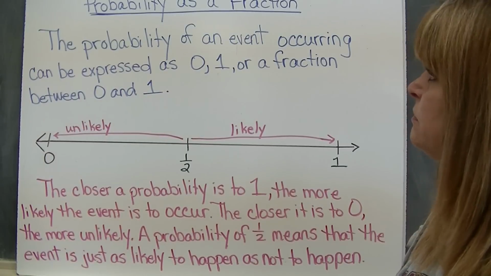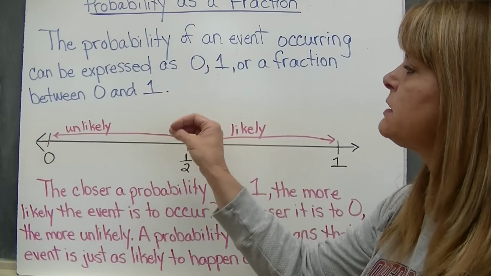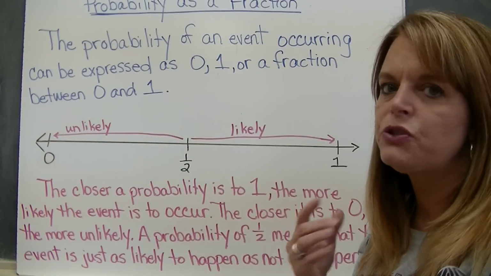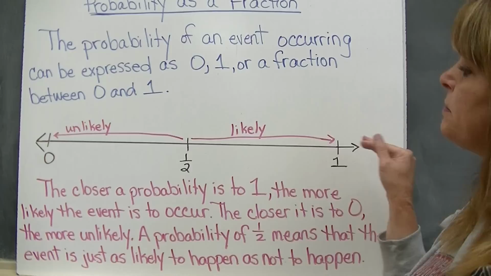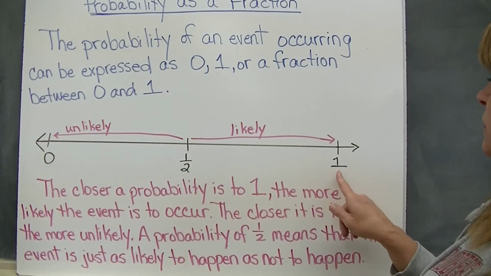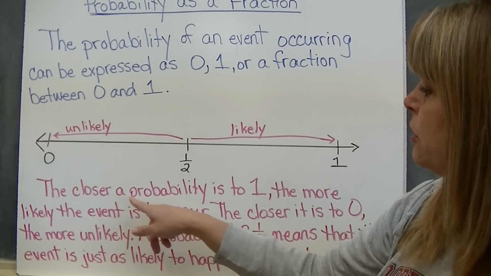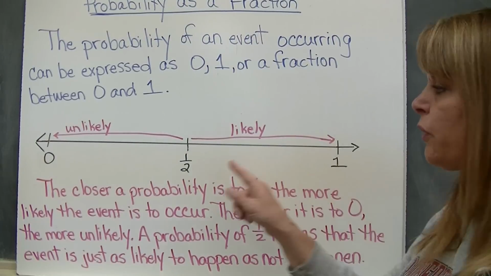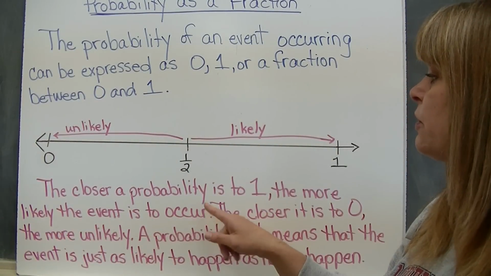Probability is a fraction. The probability of an event occurring can be expressed as 0, 1, or as a fraction between 0 and 1. Okay? So if I were to put my probability on a number line, here's 0, here's 1, and right in the middle is 1/2. The closer a probability is to 1, greater than half, the more likely the event is to occur.